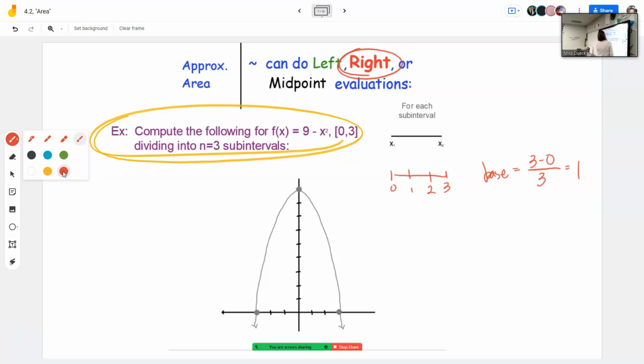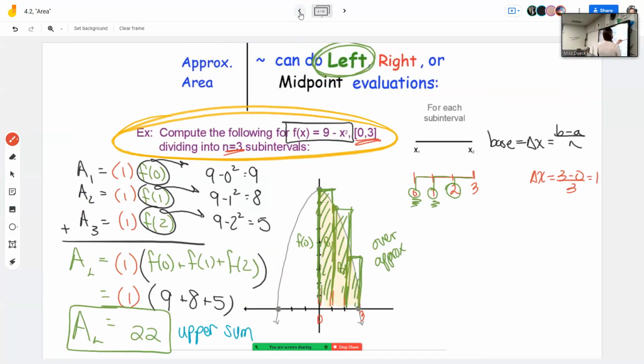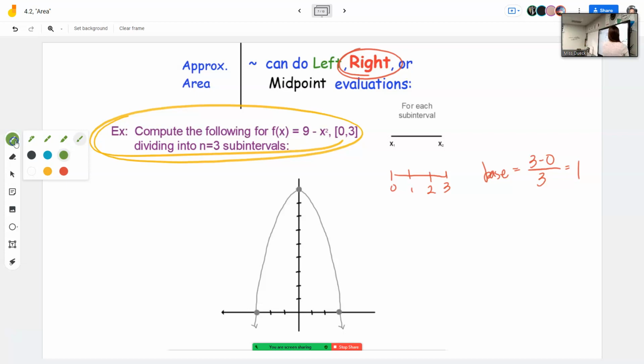Okay, if I'm coming from the right this time, over here I was coming from the left. Coming from the left, I chose 0, I chose 1, I chose 2, because, as Josh said well, on that interval, 0 is the left of that interval, or 1 is the left of that interval, or 2 is the left of that interval. If I was to do the same thing with this one, I wouldn't be choosing those same numbers.